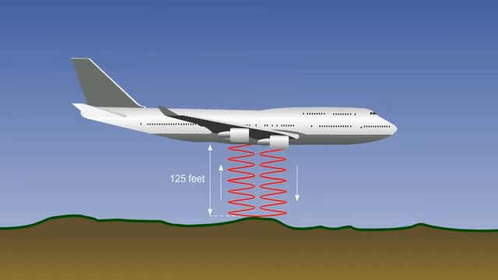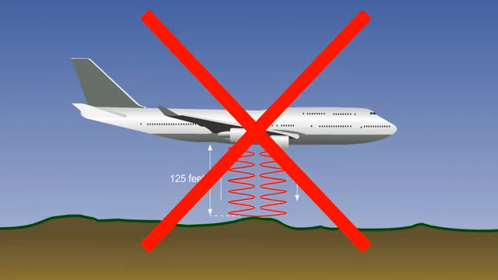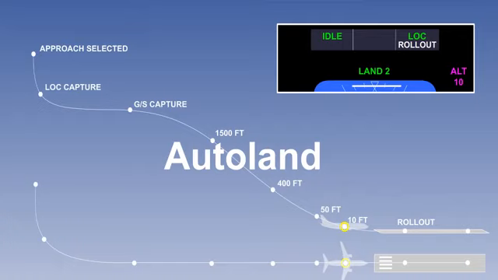This would give us a minimum measurable height of 125 feet. This is no good to us. The Autoland system needs to receive the signal to initiate a flare right down to 10 feet. Pulse radar is not suitable.